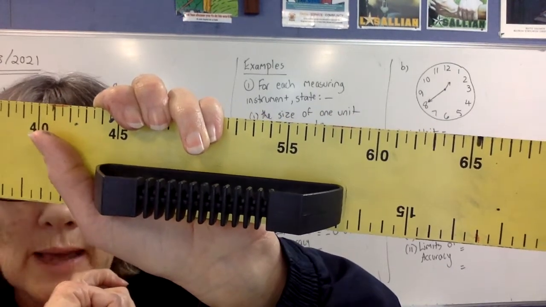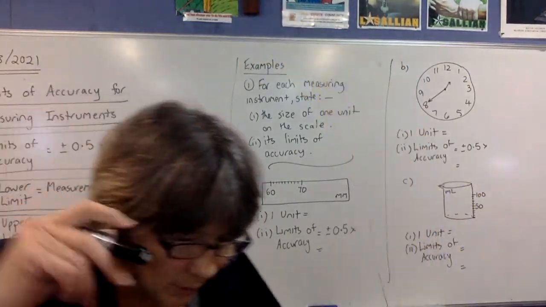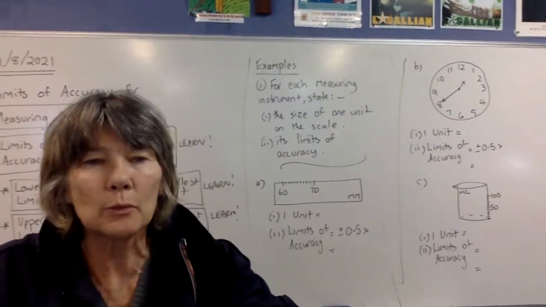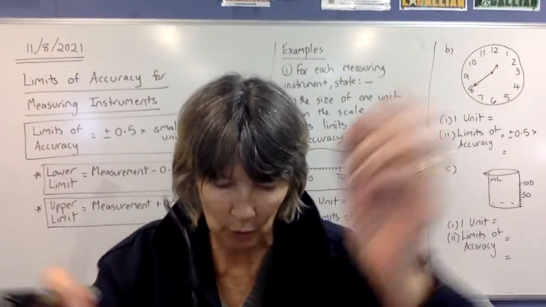So we would say that was 65.5, whatever it's closest to. We make a judgment when we're trying to read a measurement of where it's closest to.